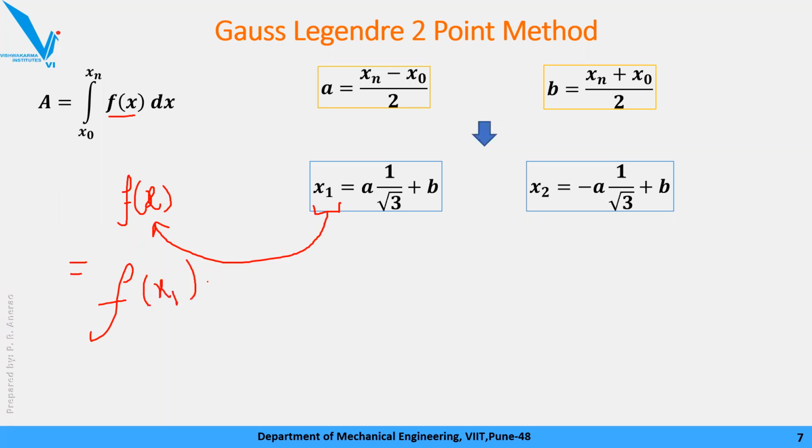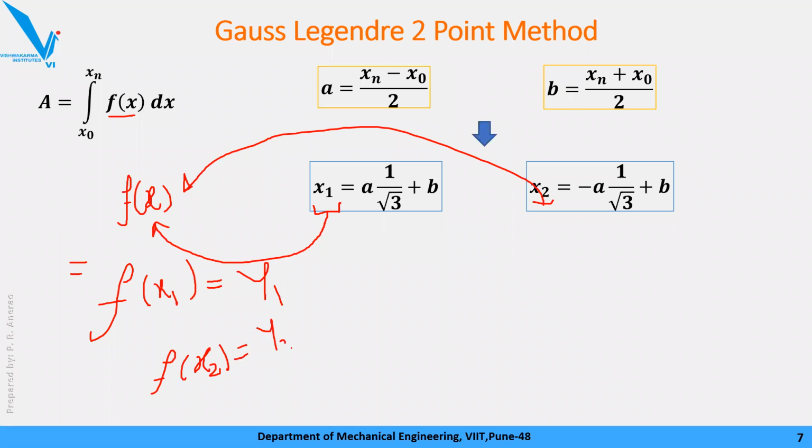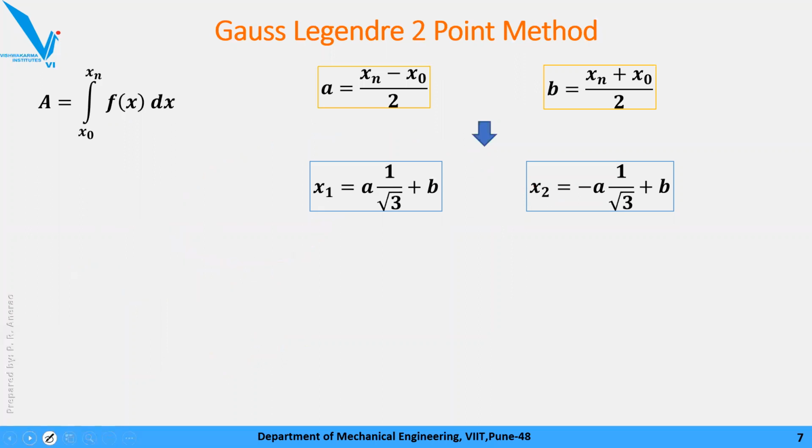Treat that as y1. Then take x2 and put it in the same function, like if it is sin x then put sin x2. So we get f of x2, assign that as y2. So this is your next step, it is easy.